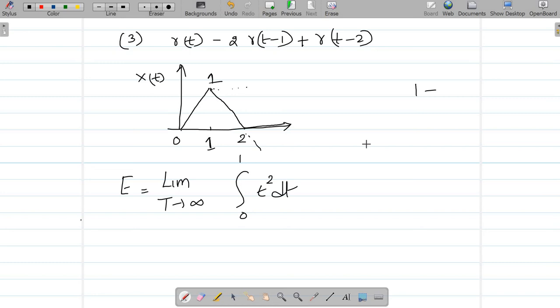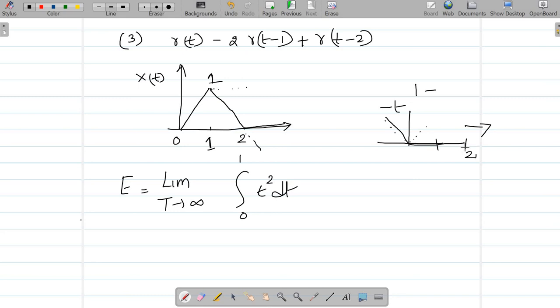Okay, let us try to understand what it is going to be like. We have a signal where this one is r of t and this one is negative t. This one is t, this one is negative t, and I have to shift it by 2 units to the right.